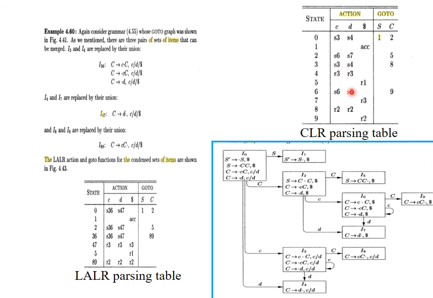The LALR parsing table can be constructed only if the CLR parsing table can be constructed. From the CLR parsing table only, we can construct the LALR parsing table. So if the CLR parsing table does not have any conflict, that will also be reflected in the LALR parsing table. The only chance is that there may be a reduce conflict.